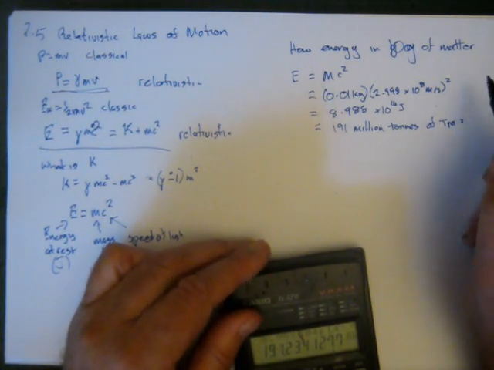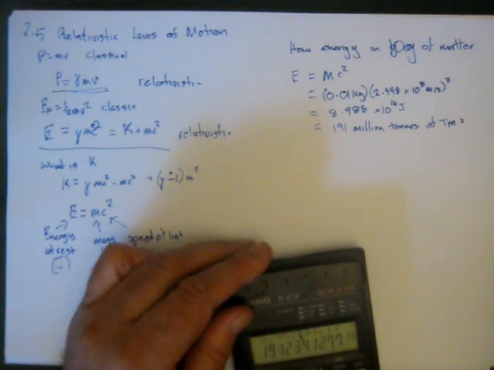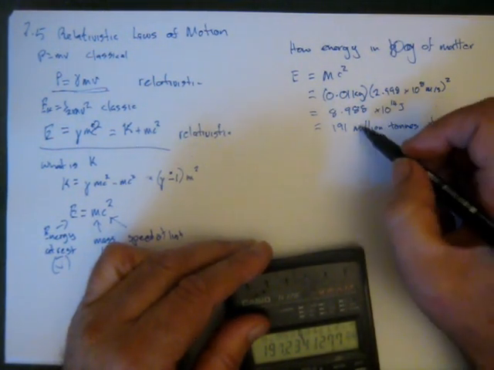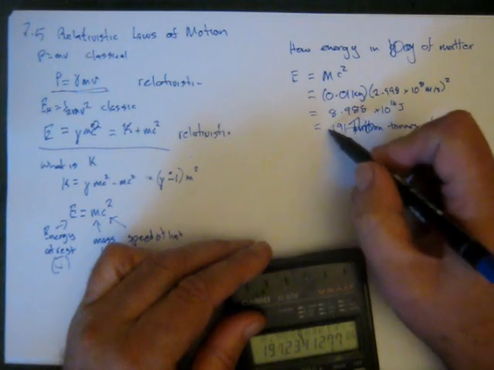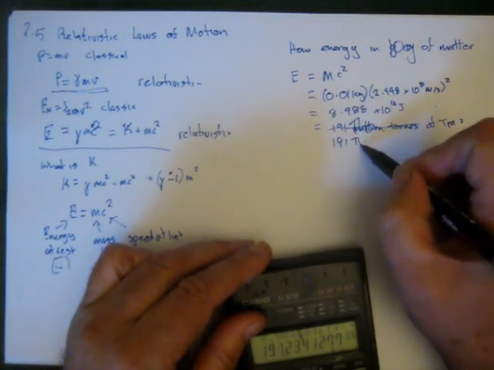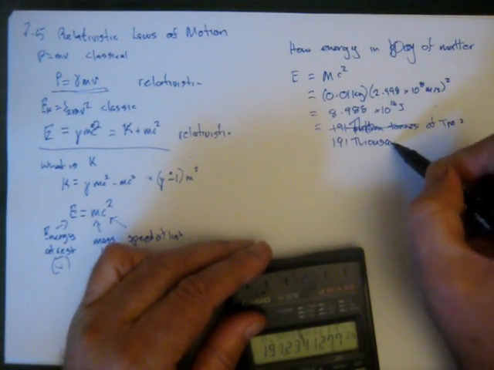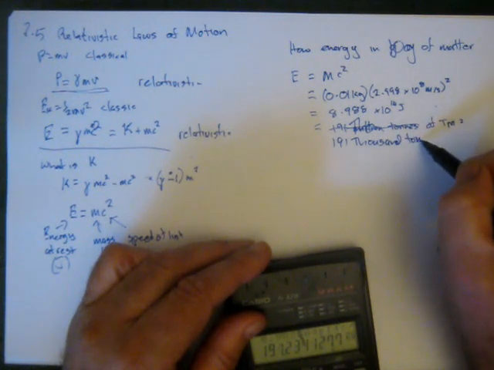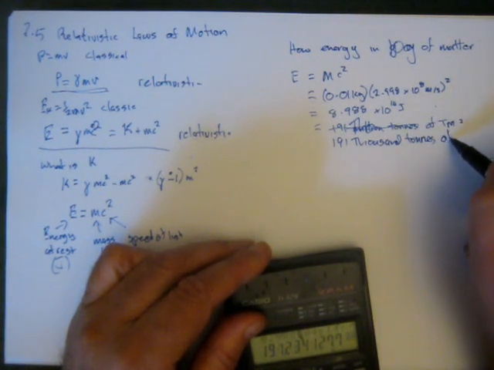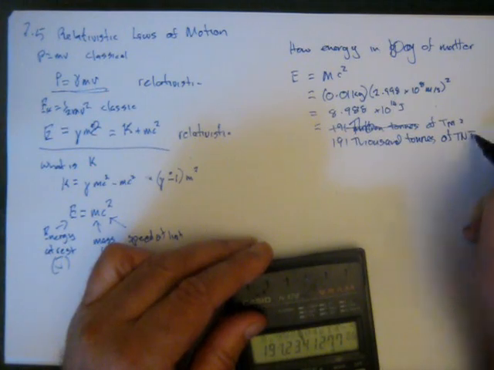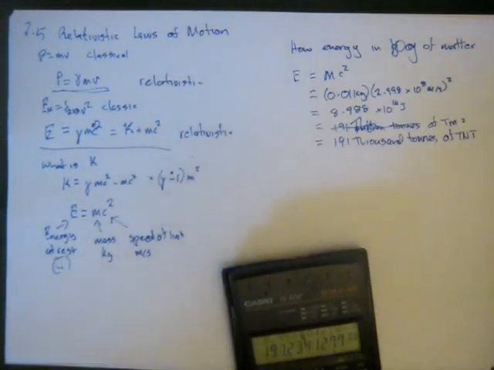That seems a little high. Okay, sorry, 1,000 tons, my apologies. That's equal to 191,000 tons of TNT. So in other words, that is actually quite a lot of energy.